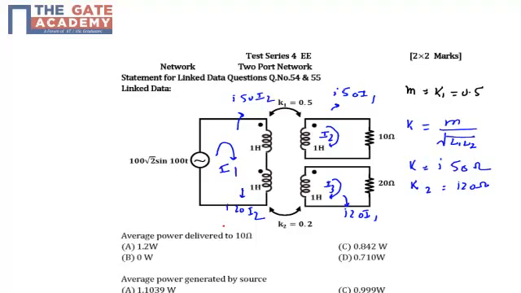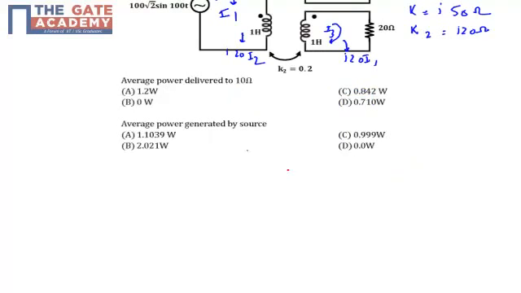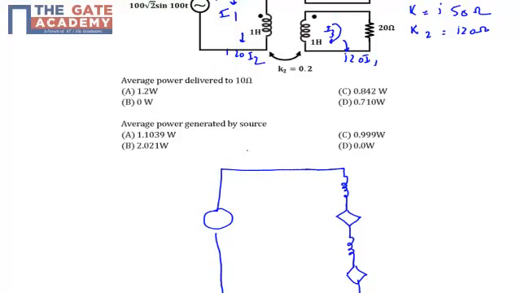Now if I draw the equivalent circuit diagram of this network, we have an inductor as always. Now we have one voltage dependent source, we have another inductor, we have another dependent source, and we have a source generator.